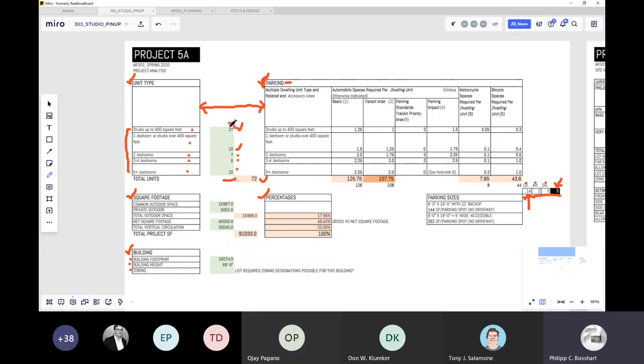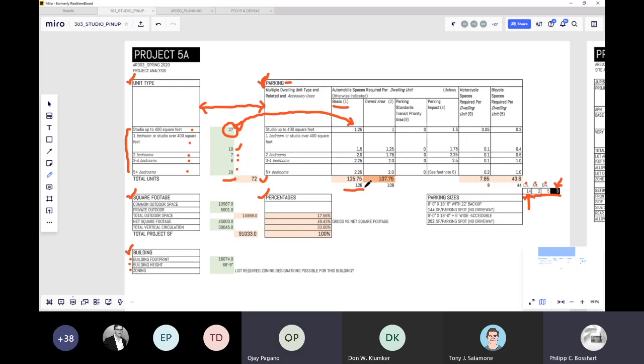From the tabulation, if I have 27 studios, it's going to tabulate a total parking requirement of 1.25 times 27. And then I add all the other ones on a basic overlay zone, I would end up with the requirement of 126 parking spots.